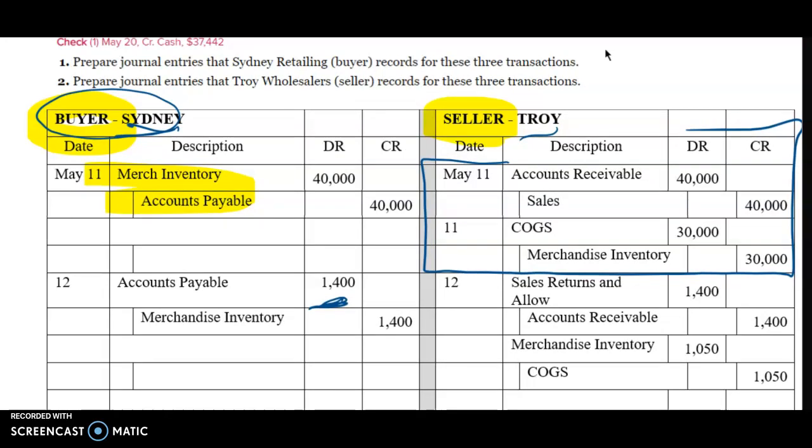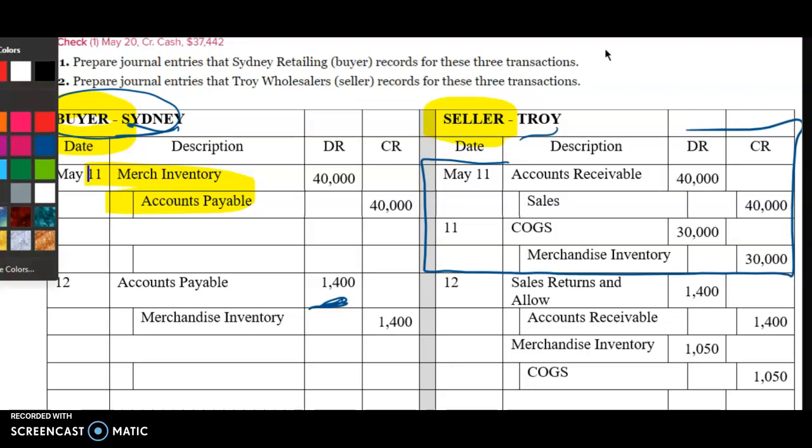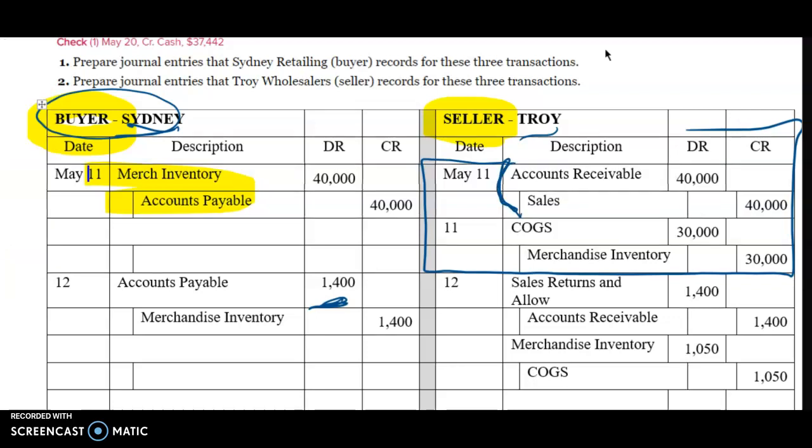So there's two entries. The first entry is to record the sale. So they sold it for $40,000. So the seller will debit accounts receivable and credit sales, not net sales. Remember, that's a completely different transaction that occurs at the end of the accounting period when you consider sales discounts, returns, and allowances.